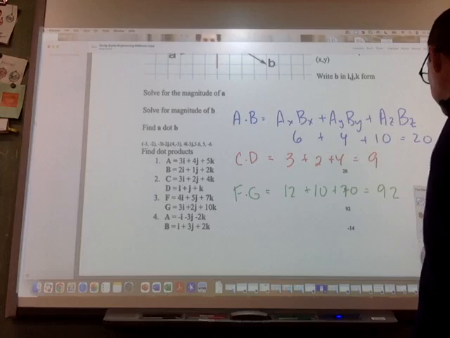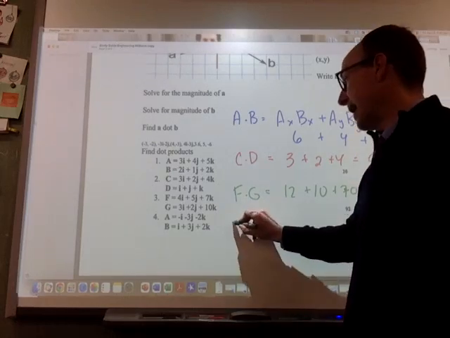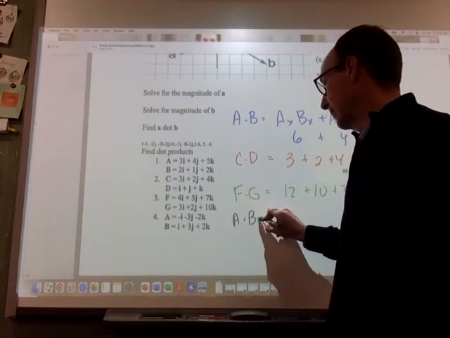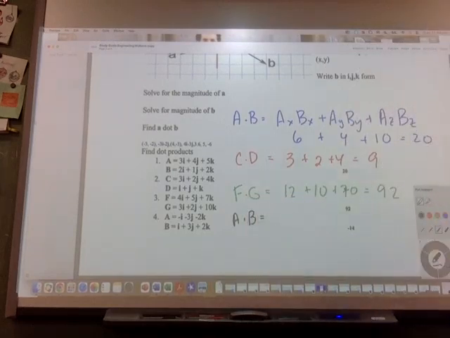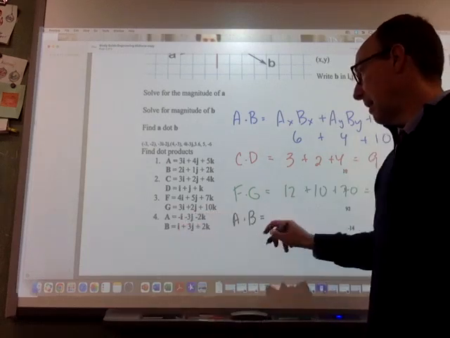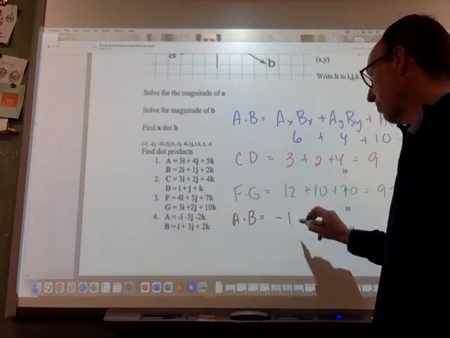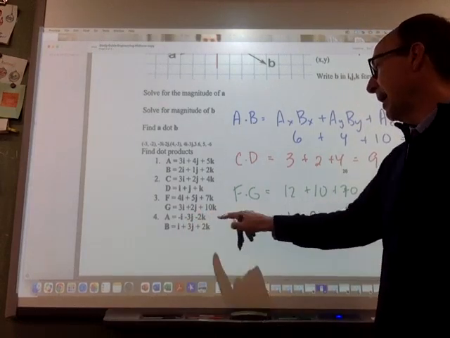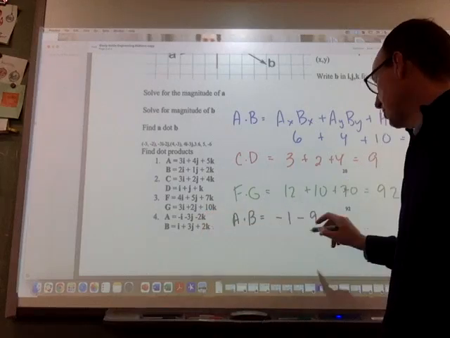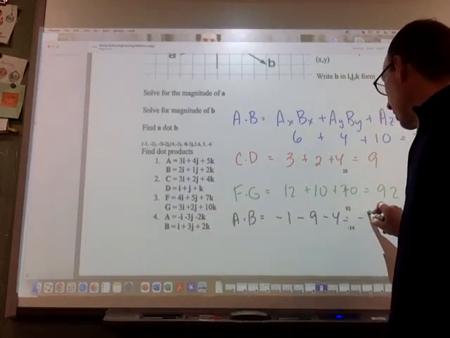And then finally, for whatever reason, I went back to A and B again. This is as far in the alphabet as I can go, I guess. And I have -1 times 1, which would be -1. I have -3 times 3, which would be -9. And I have -2 times 2, which would be -4, which gives me -14.